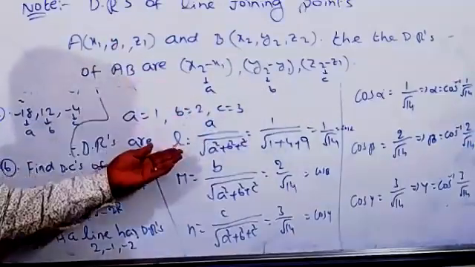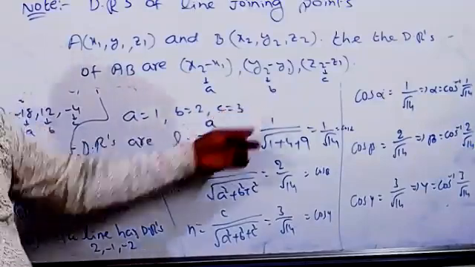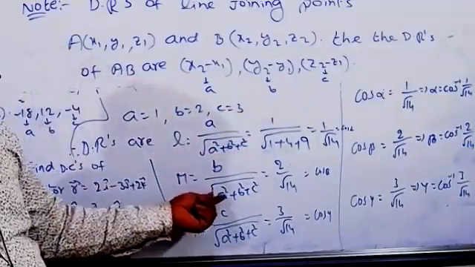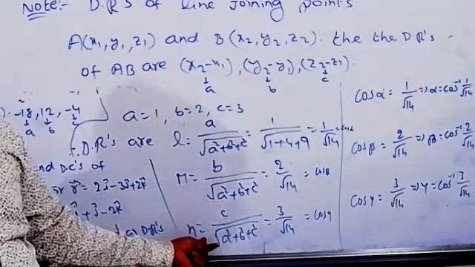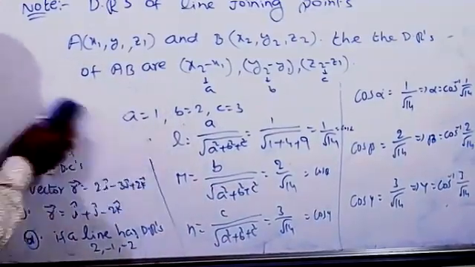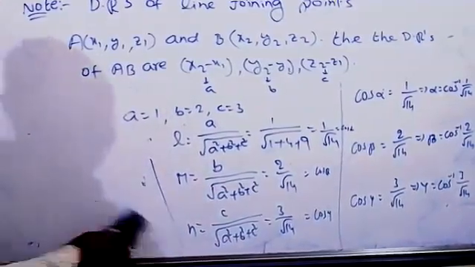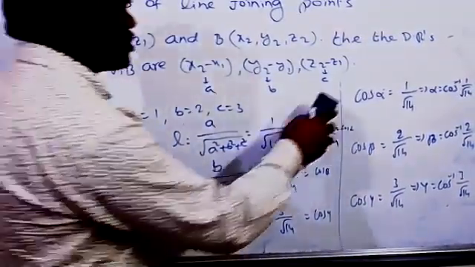So direction cosines: L equals A by root of A square plus B square plus C square, M equals B by root of A square plus B square plus C square, and N equals C by root of A square plus B square plus C square. The same formulas you can apply. That was the second model, based on the direction cosines and direction ratios.